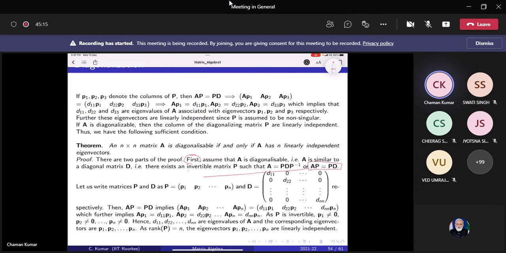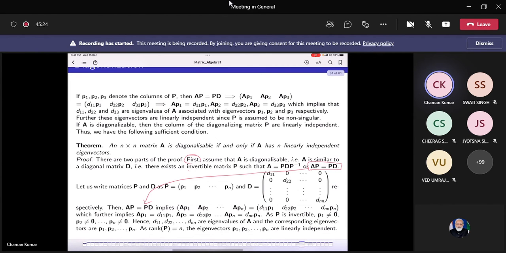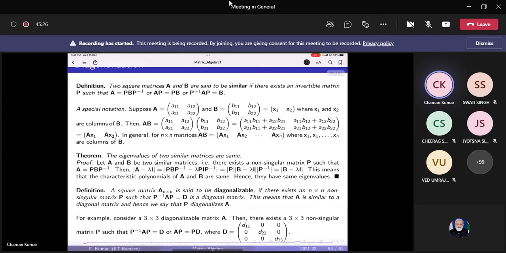From this relationship, we get the left hand side is A into P. We have just introduced the notation where the product can be written in this form. Here we have matrix P, and the columns of the matrix P are P1, P2, Pn.